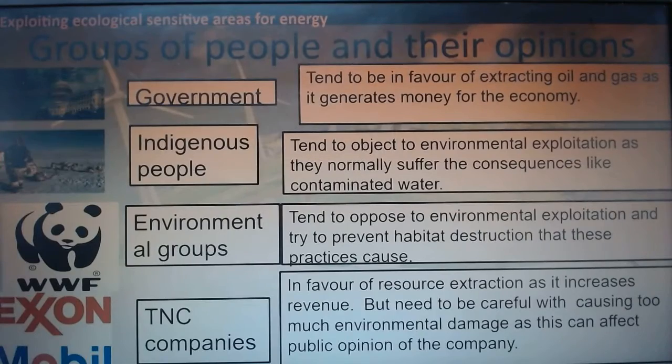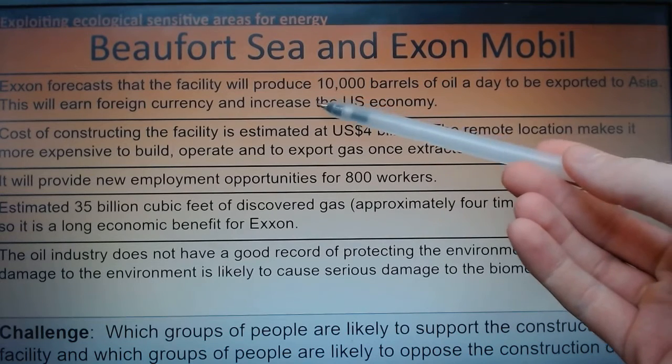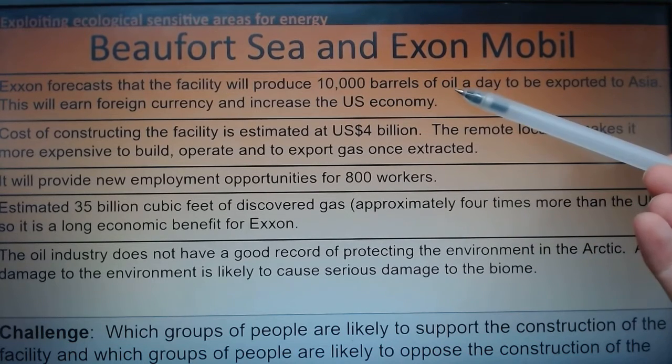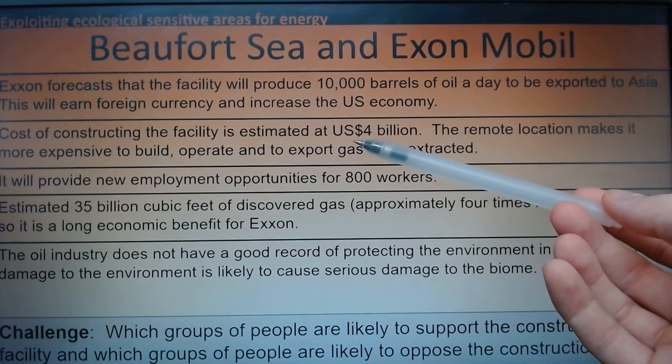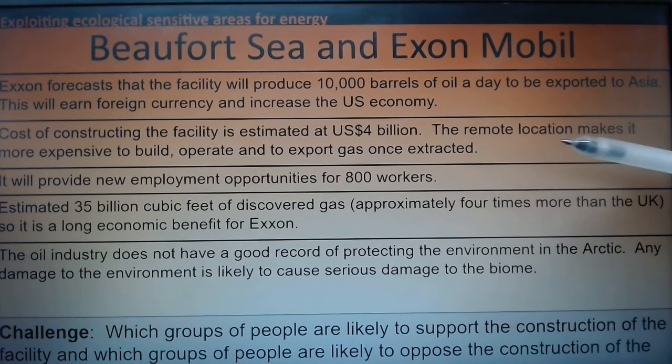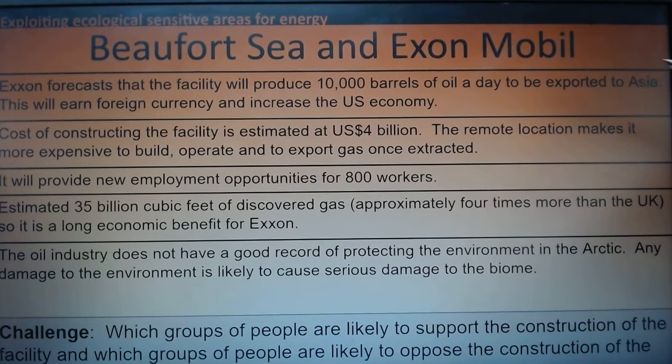So let me just go down. Beaufort Sea and ExxonMobil. It produces nearly 10,000 barrels of oil a day to be exported to Asia. So this will increase the economy of the US. That's one positive. The cost of constructing the facility or the oil extraction was $4 billion. Because it was so remote and the place was so out of the way and so freezing cold, it was very expensive.